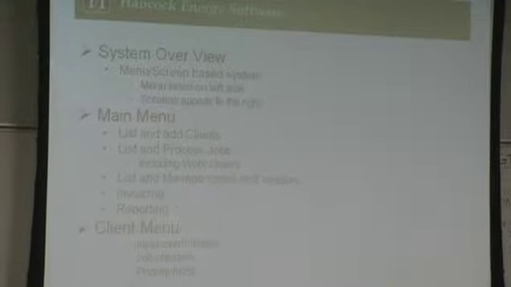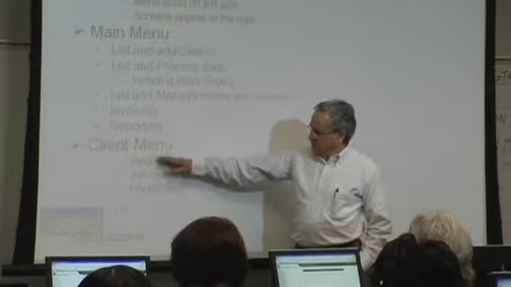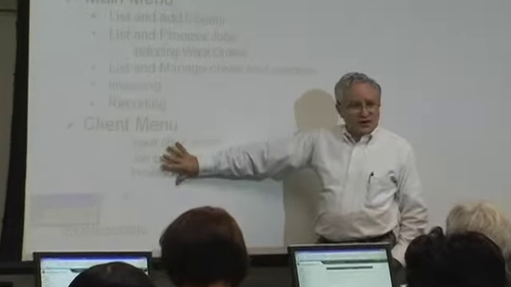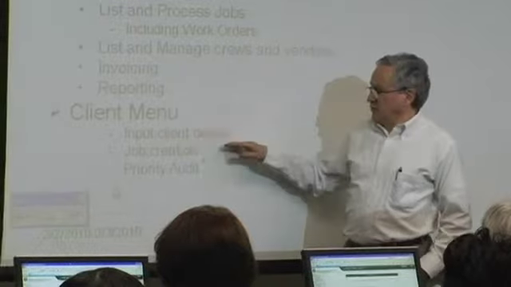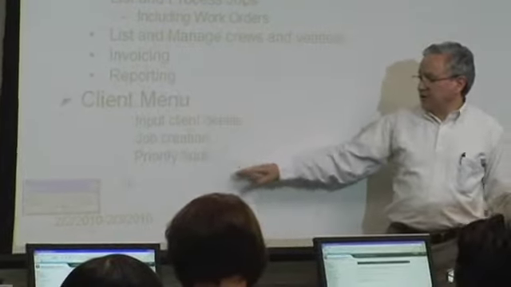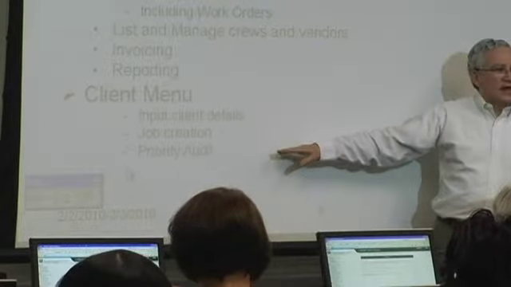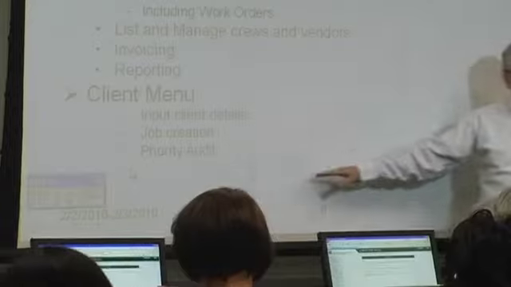Now, we'll also see when we go into input a client, there's a sub-menu that comes up, which gives the client information. This is where you put in all the details for the client, where you actually create a job, and this is also where you go through the priority audit list and add all of the weatherization measures.